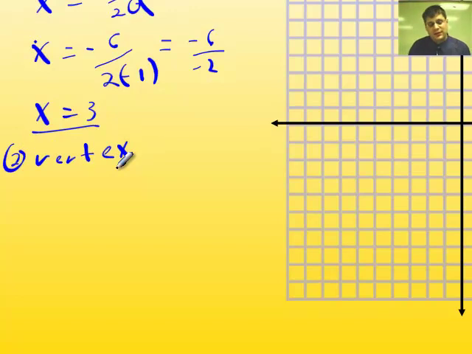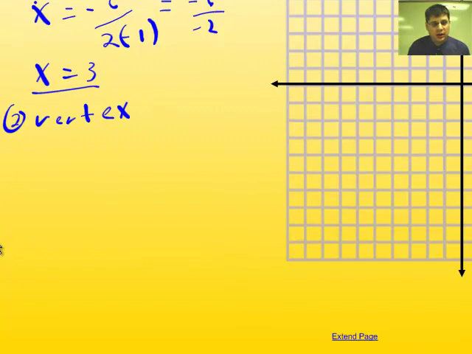And it's easy to find the vertex because it lies on the axis of symmetry. It's somewhere on this vertical line. We just have to figure out where exactly. So here's where we substitute our x value in order to find the y for our vertex.